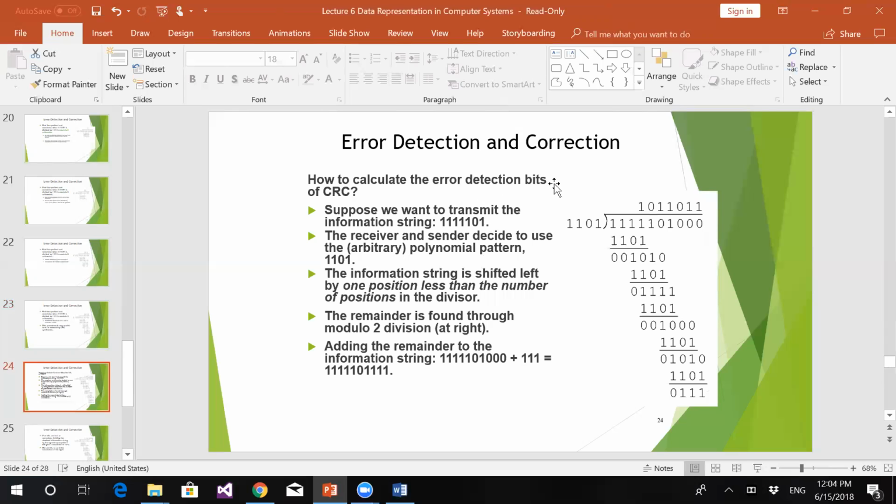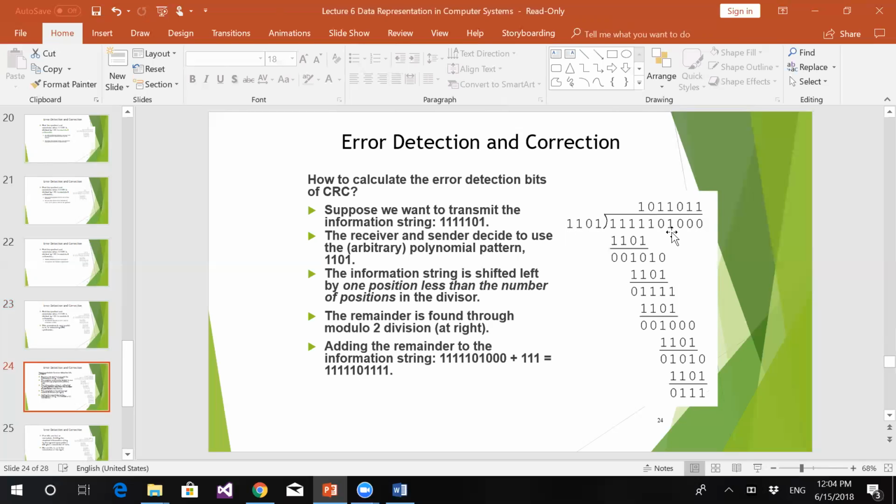The error detection bits are calculated like this. So firstly, we want to add some zeros after the original number. And the number of zeros added should be 1 digit less than the divider. As here, we have 1101 as the divider. There are 4 digits in total.